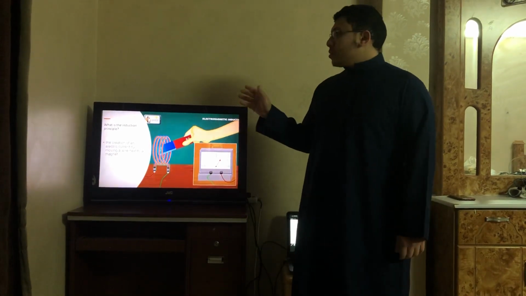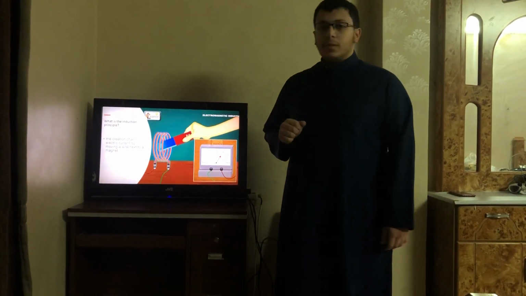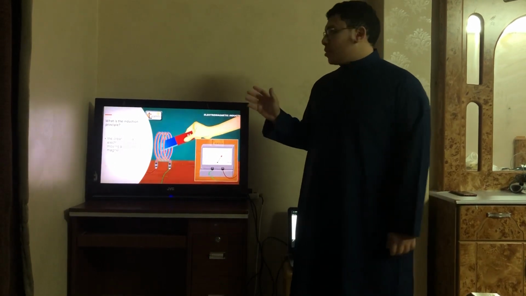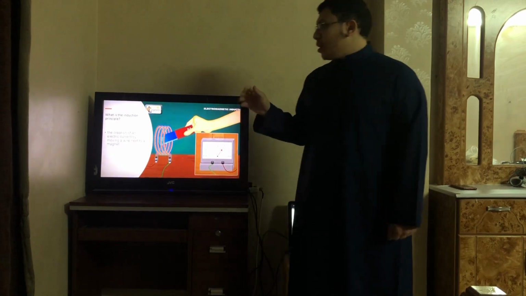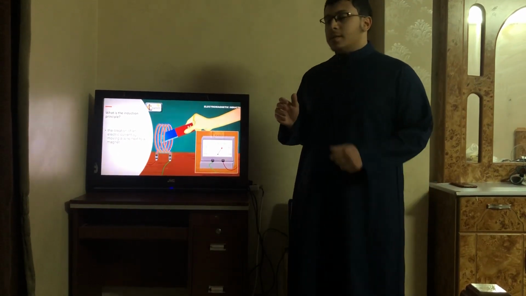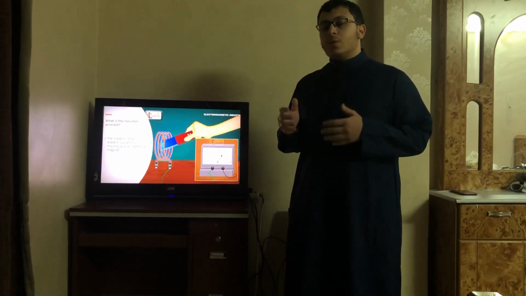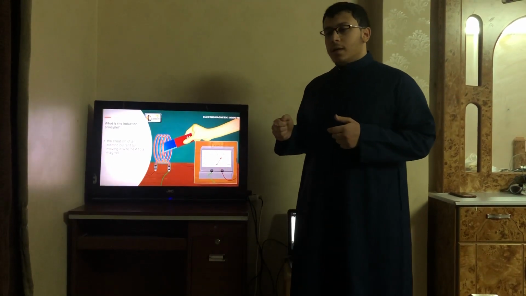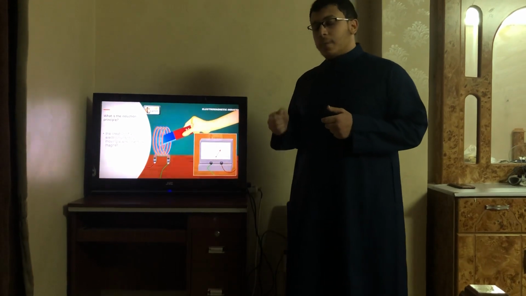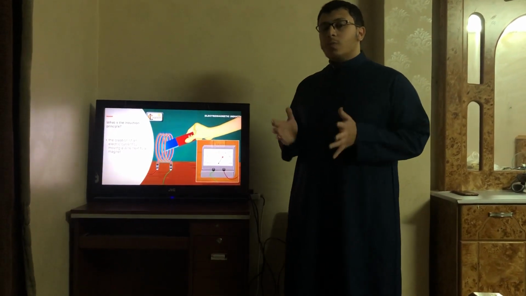First of all, we need to understand what the induction principle is. Before we understand how this generator works, we need to understand the induction principle first. It says that we can produce electrical energy by moving a magnet inside a group of wires.